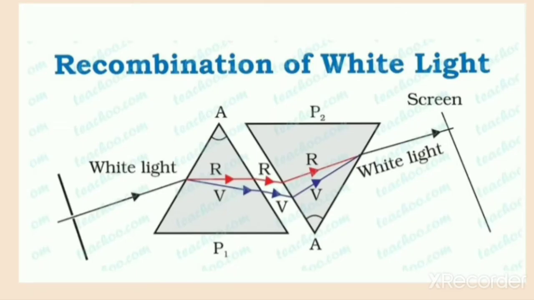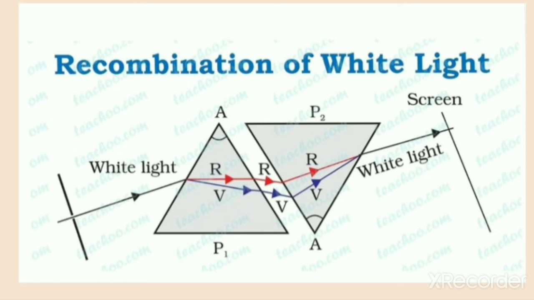Now the recombination of white light. We have seen that when light passes through the glass prism, it splits into seven colors and we observe seven colors on the screen. Now if we place an inverted prism in front of the first prism, then the colors will recombine and you will get white light on the screen. This is how we can recombine the seven colors observed on the screen.